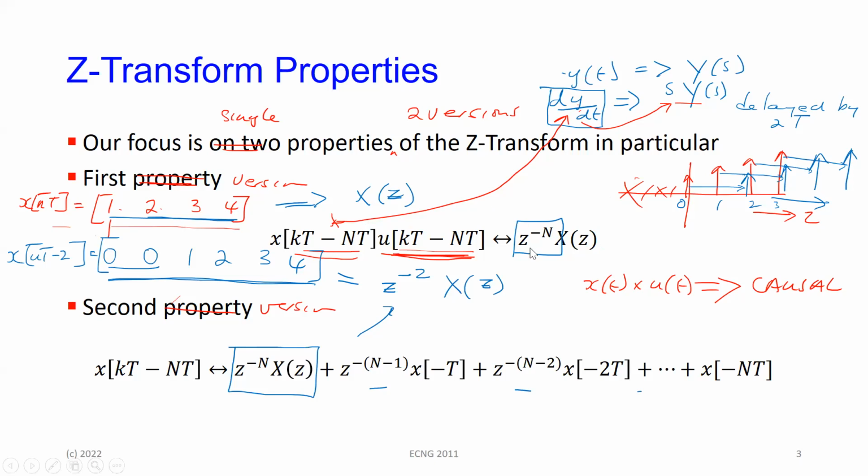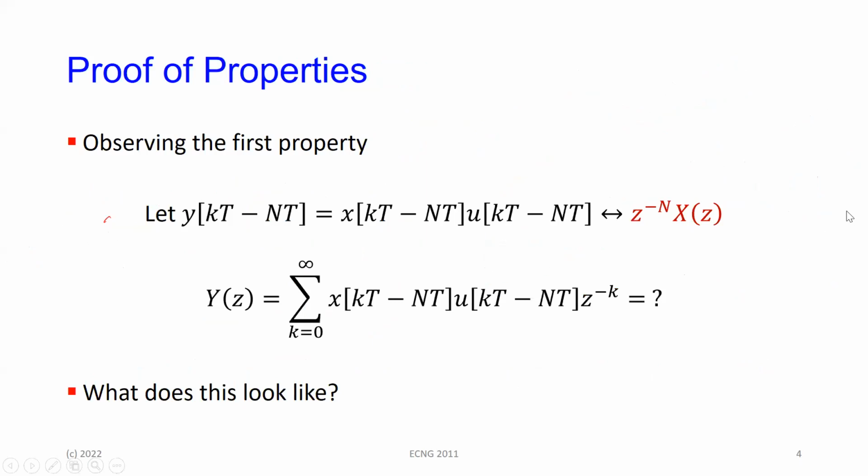Let's prove the properties now. You'll listen, and then we'll go back over. So let's say that, as we had before, we have a causal sequence of numbers.